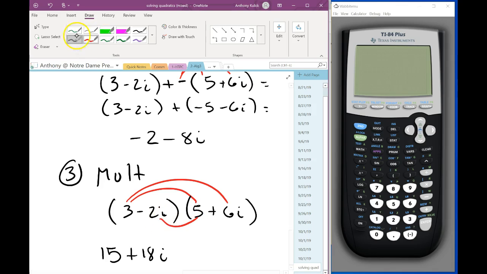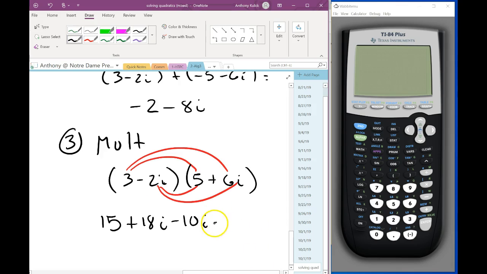Inner, negative 2i times 5 is negative 10i. And then last, negative 2i times positive 6i is negative 12i squared. Everybody's okay there? So if I combine my like terms, I would get 15 plus 8i minus 12i squared.